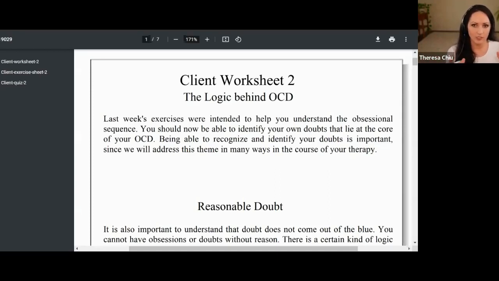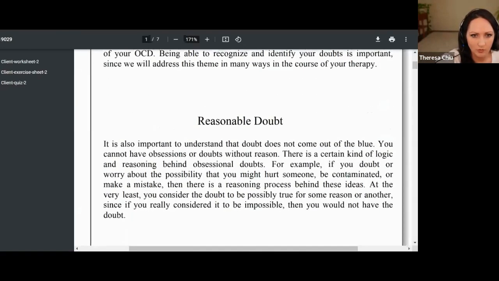Today we're going to learn that there is actually reasoning in these obsessional doubts. I'm going to skip through some of these paragraphs because you'll have them to read outside of session, so we're just going to summarize and move through. Okay.